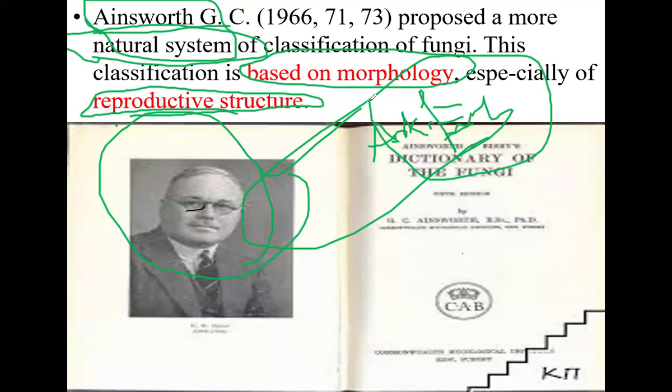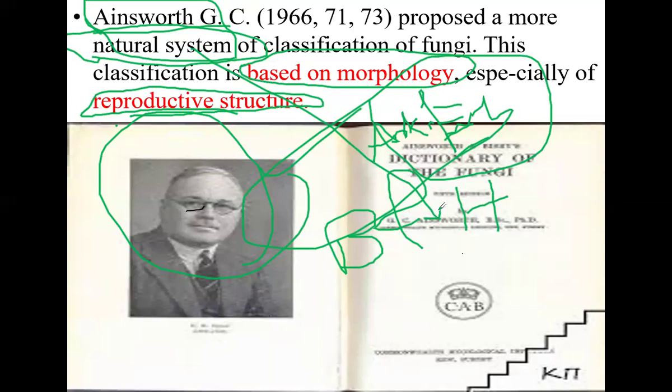Whereas the Bentham-Hooker classification we call the natural system of classification in angiosperms. Bentham and Hooker classification is what type? Natural system of classification.